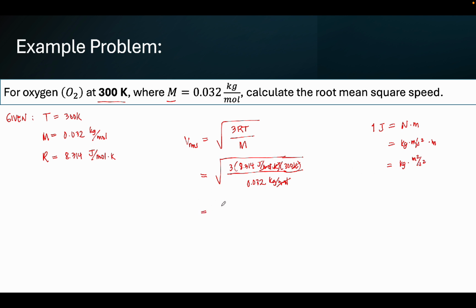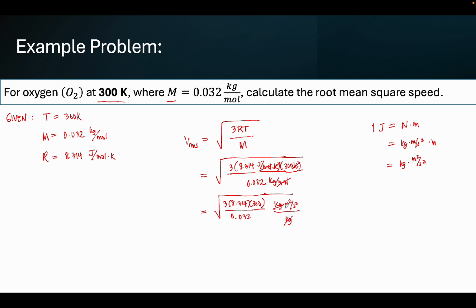Okay, so we have the square root of 3 times 8.314 times 300 divided by 0.032, and for the unit, we have kilogram times meter squared per second squared over kilogram.